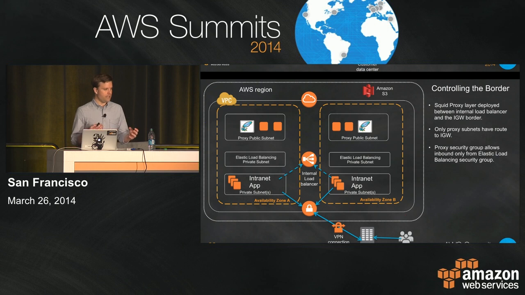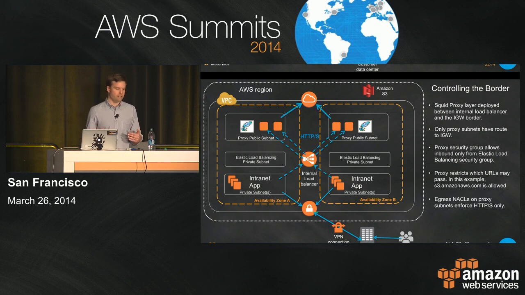So any instance that has their proxy variable properly configured to point to the actual DNS name of the ELB can talk to the proxy, which distributes out to all the proxy instances. They check the actual destination URL for where you're trying to go, and if it's the specific S3 bucket that you're allowing, out you go.